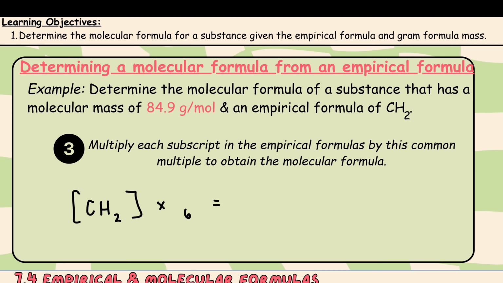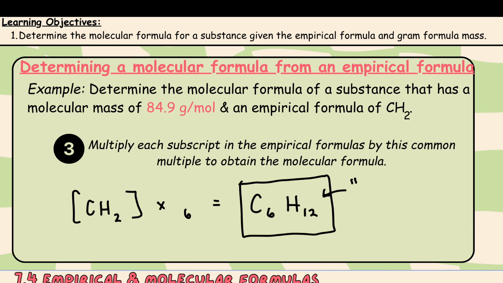So if there's 1 carbon in CH2, we multiply that 1 by 6 and get C6. And for the hydrogen, there's 2 in the empirical formula. We multiply that 2 by 6 to get 12, so that turns into H12. Okay, so this would be our true molecular formula.